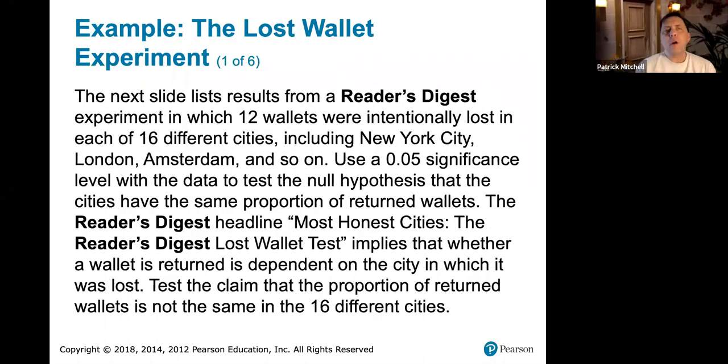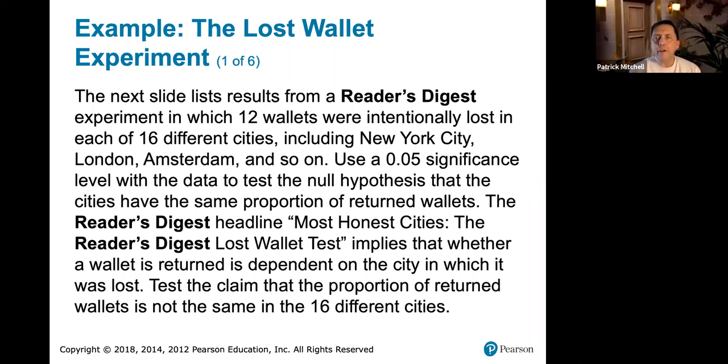All right, so for the example, we'll use the lost wallet experiment. The next slide lists results from a Reader's Digest experiment in which 12 wallets were intentionally lost in each of 16 different cities, including New York City, London, Amsterdam, and a bunch of others.